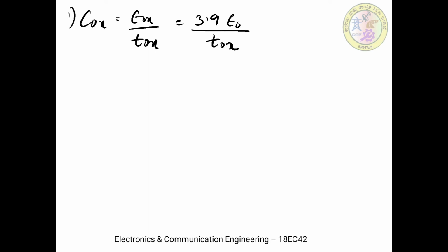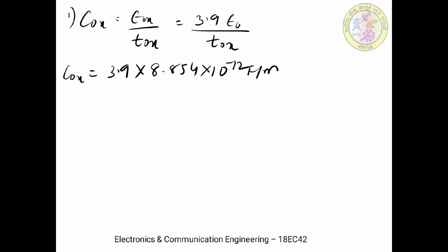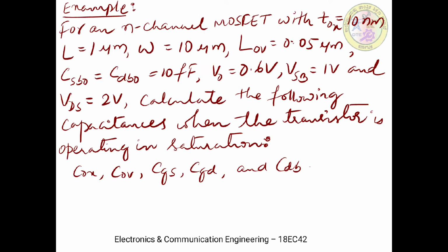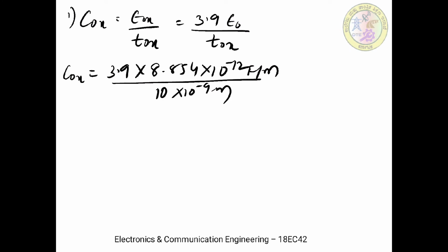So C oxide will be equal to 3.9 into 8.854 into 10 to the power of minus 12 farad per meter, divided by T oxide, which is 10 into 10 to the power of minus 9. T oxide is given as 10 nanometer, so 10 to the power of minus 9 meter.